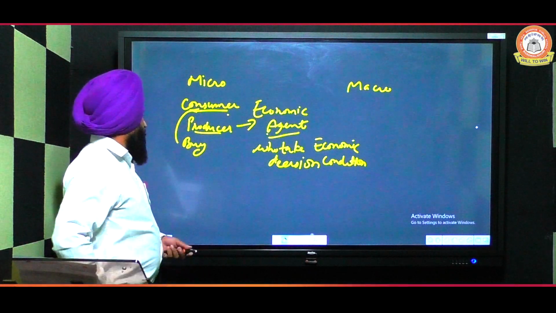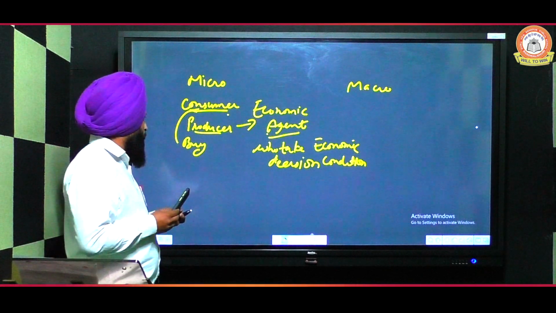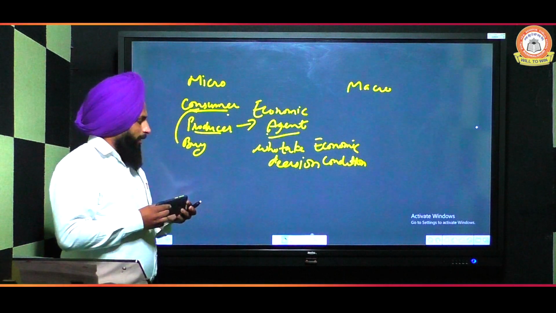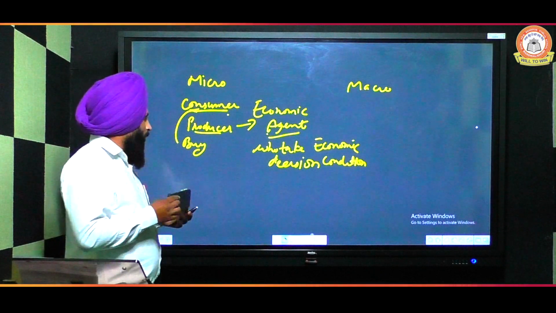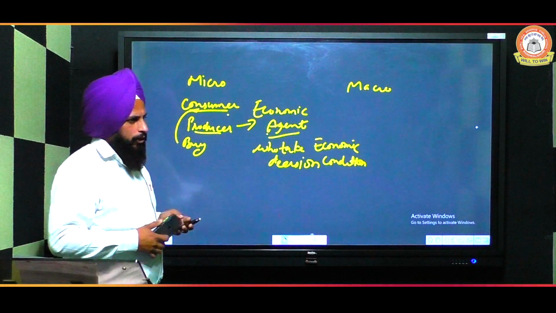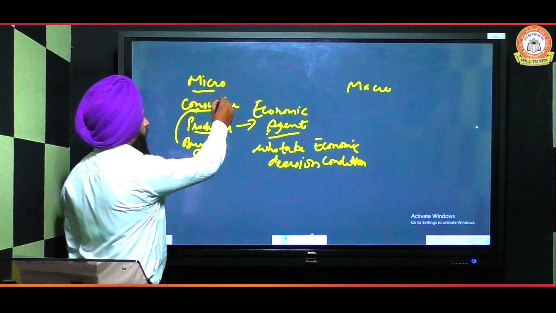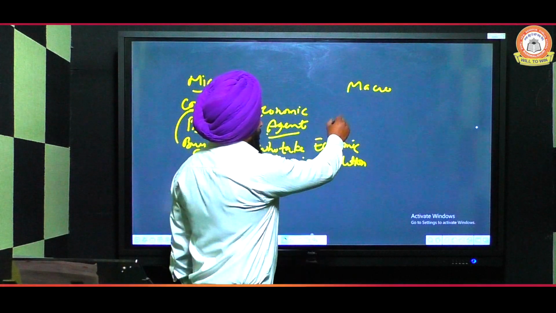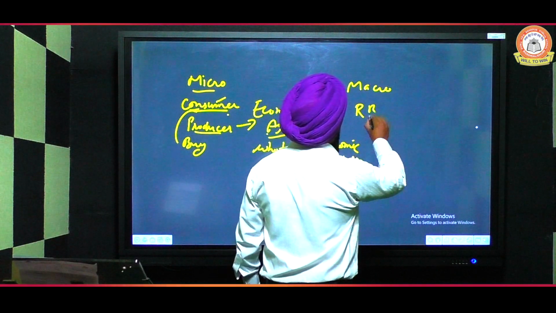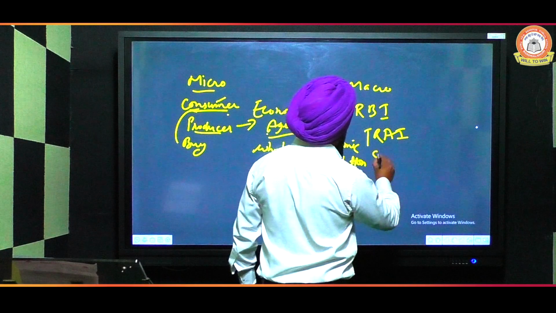As a producer, you produce this mobile phone, and you are free to take the economic decision about which material to use or what type of feature to add. So both consumer and producer are counted under microeconomics, while the economic agents of macroeconomics are first the RBI, Reserve Bank of India, then we also have SEBI.